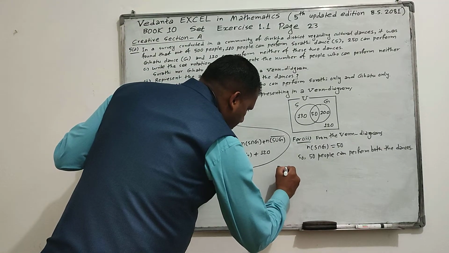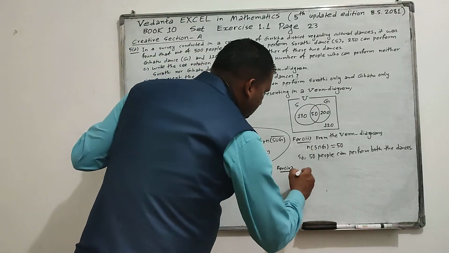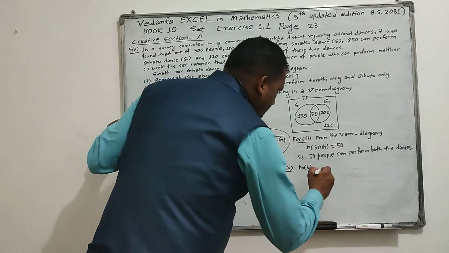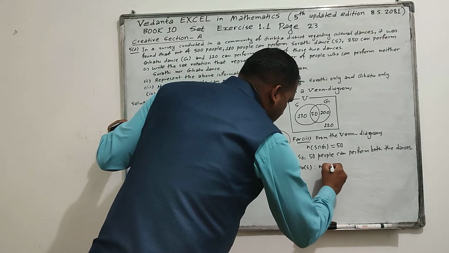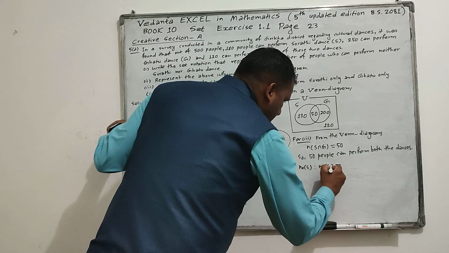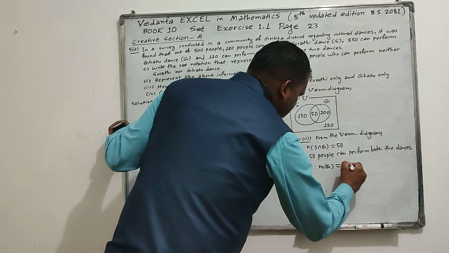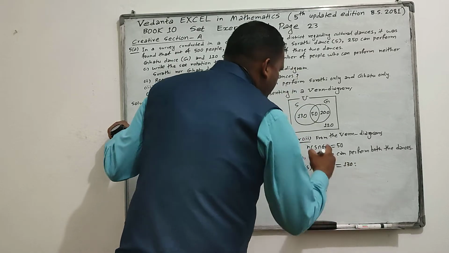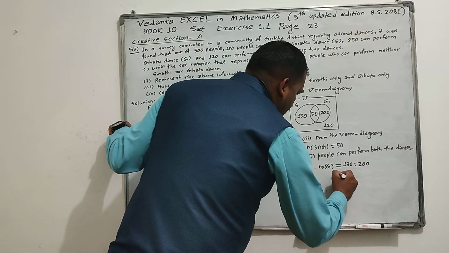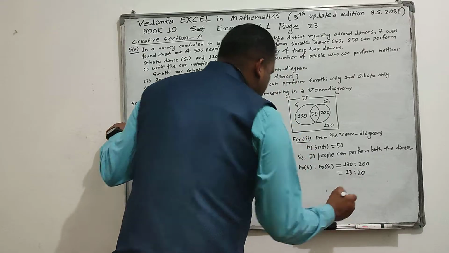Now part 4, compare the number of people who can perform Surati only and Gatu only. Surati only, that is S and not G, is to Gatu only, that is G and not S. Now from the Venn diagram, S and not G is 130 is to G and not S is 200, that is 13 is to 20.